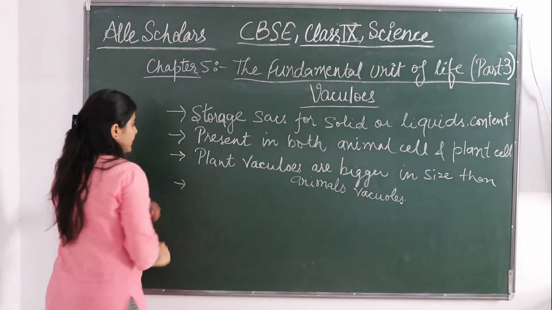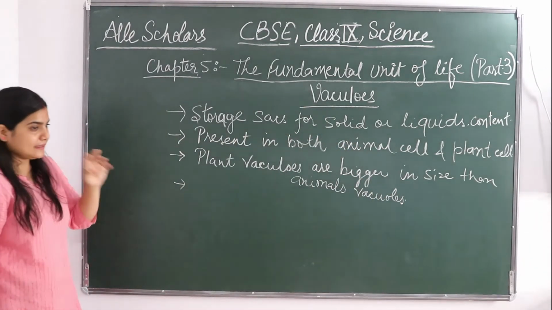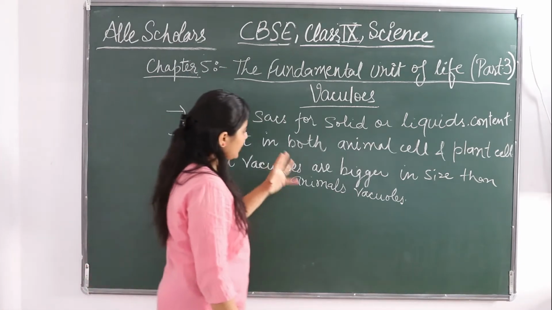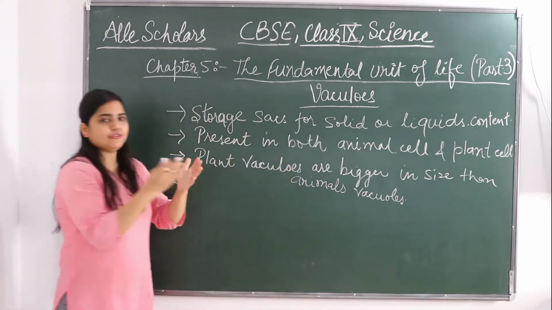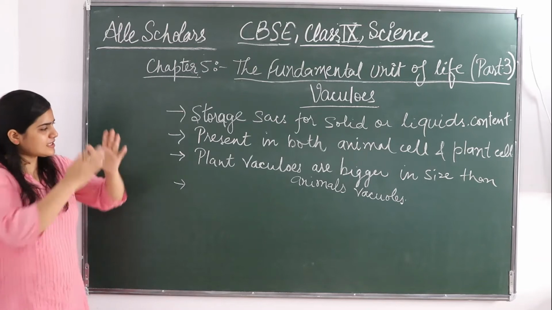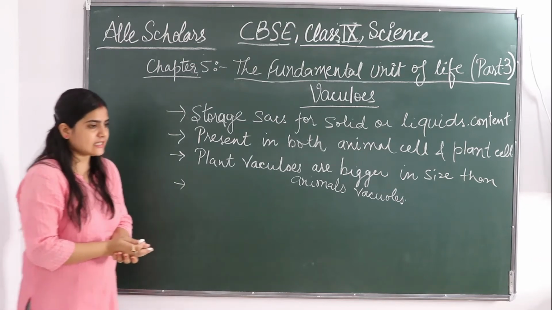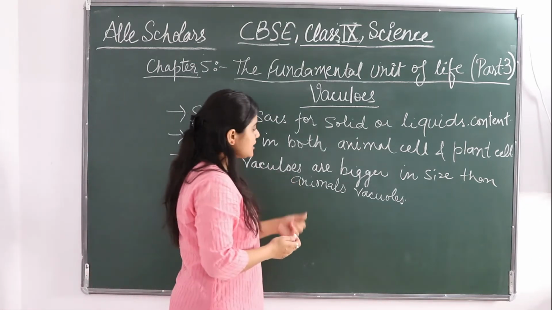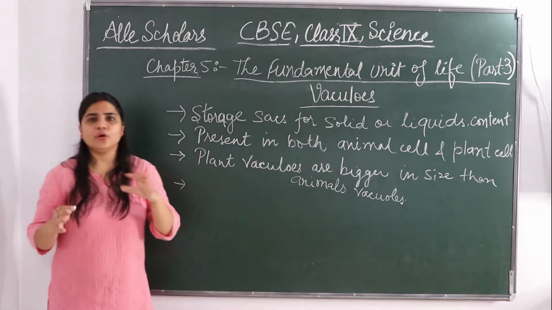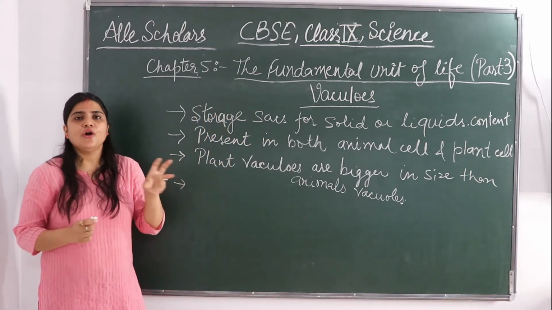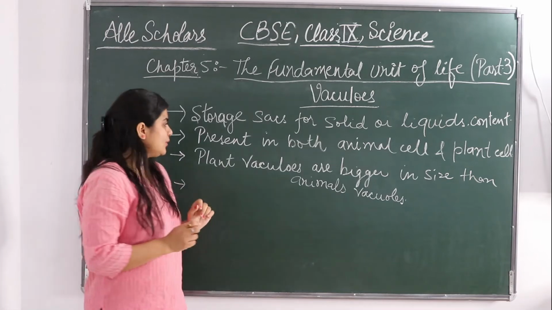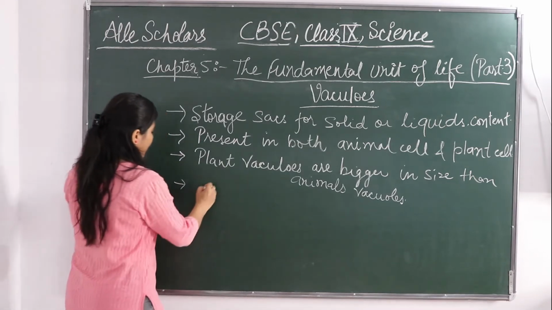They are much bigger. In some cases you can see that in a plant cell these vacuoles can occupy around 50 to 90% of the cell volume.